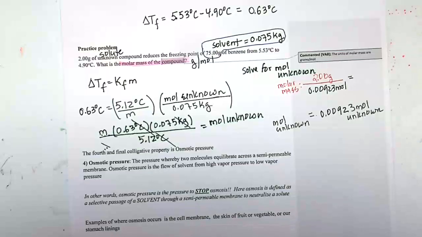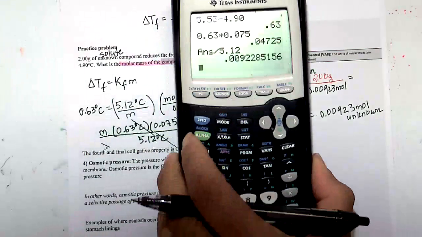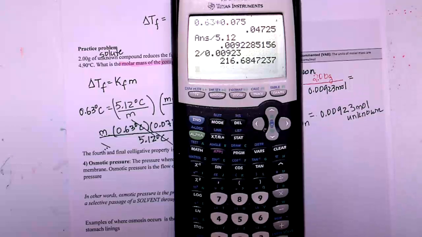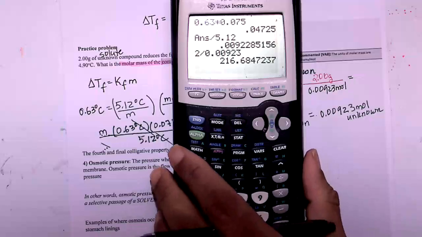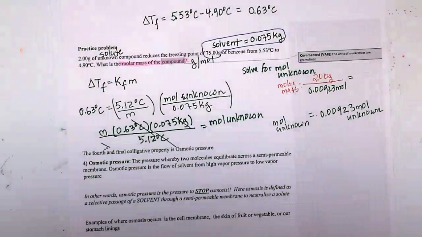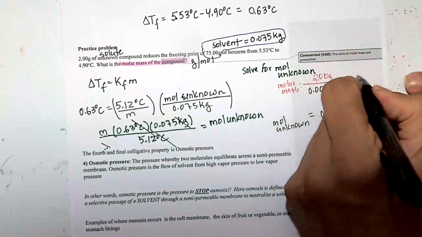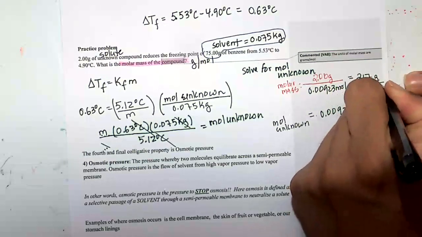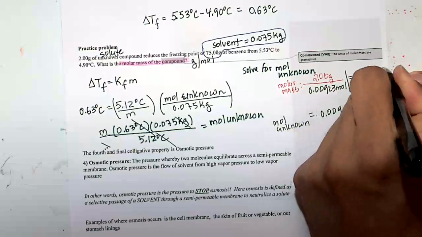So this is our answer: 2 divided by 0.00923, about 217 grams per mole. Okay, and this is our answer.